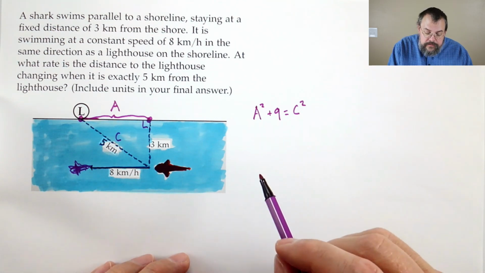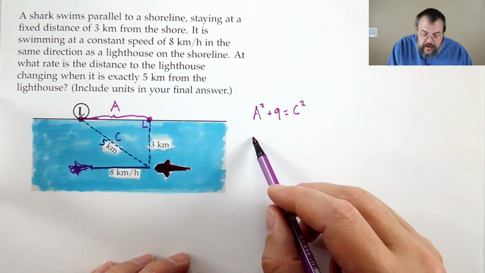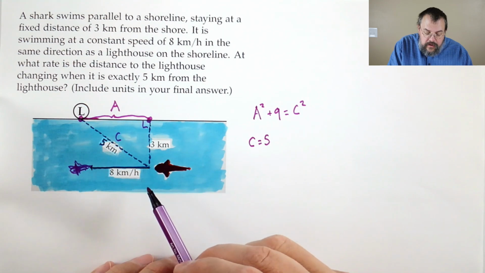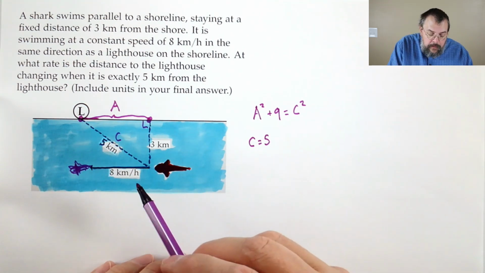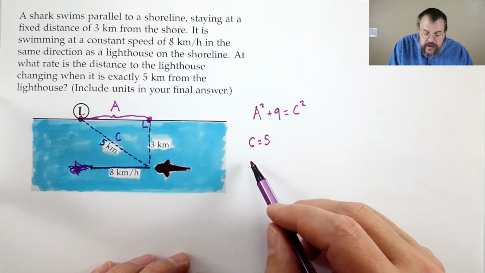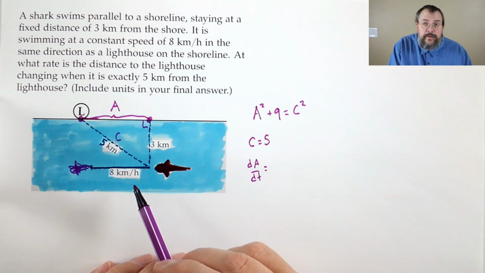Now, what do we know? Currently, c is equal to 5 because that's what we're told, but it's changing. What else do we have? This length is changing. So dA/dt is changing at a rate of 8 kilometers per hour.